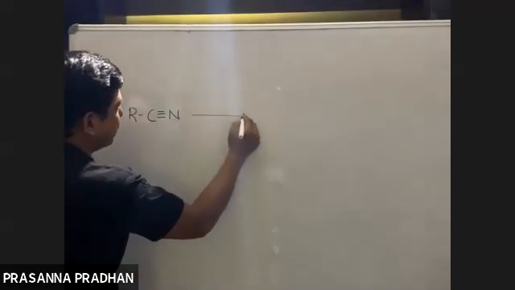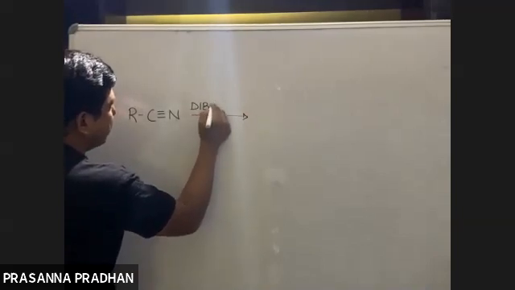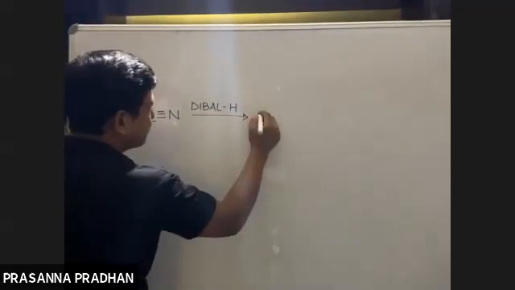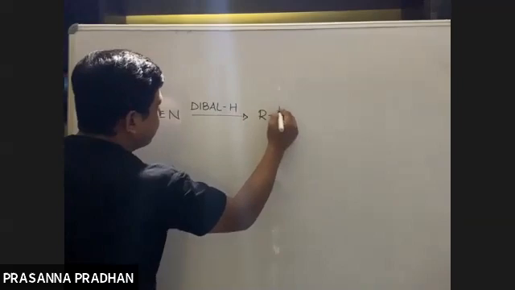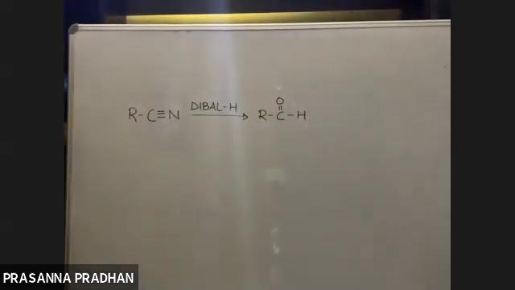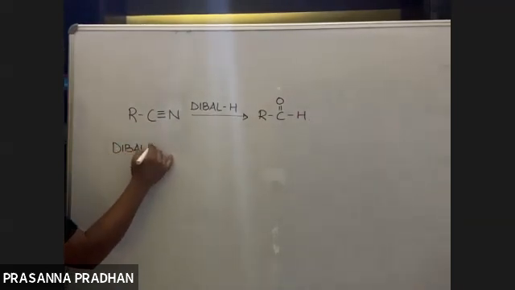The reagent is DIBAL-H. What happens? In a single step, your cyanide will get converted to your aldehyde. So what is this DIBAL-H? It is the abbreviation of which compound? DIBAL.